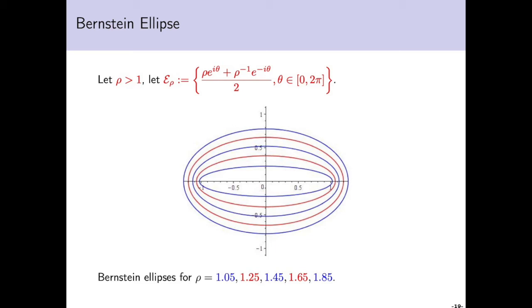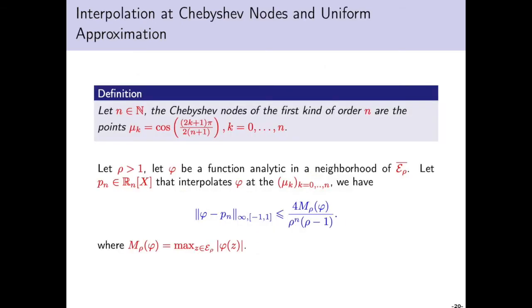For 1.05, you have this ellipse. 1.25, 1.45, 1.65, 1.85. These domains are the natural domain to study the approximation by Chebyshev interpolation polynomials. And what result do we have?